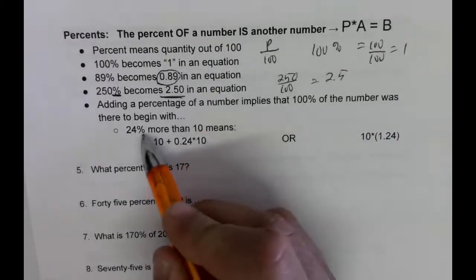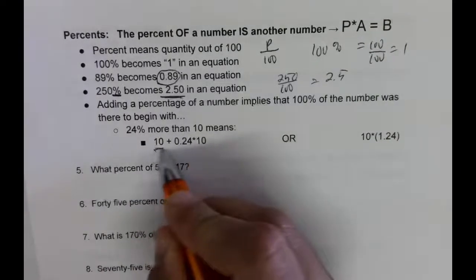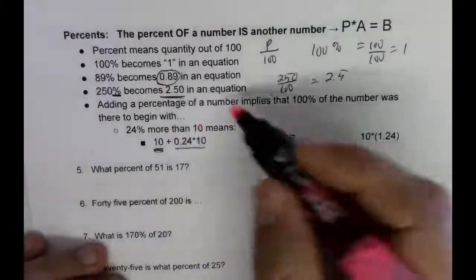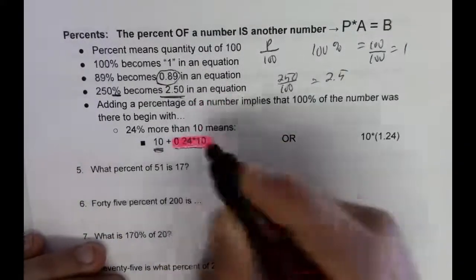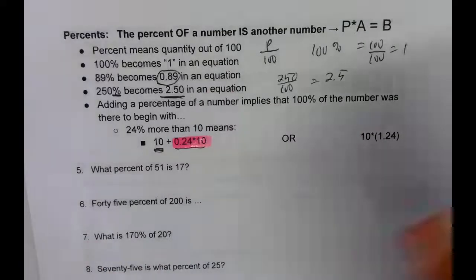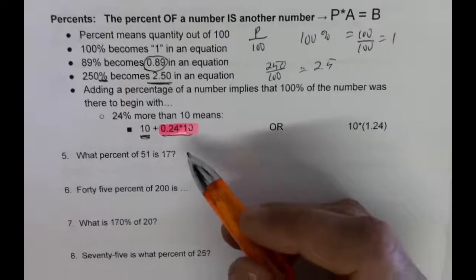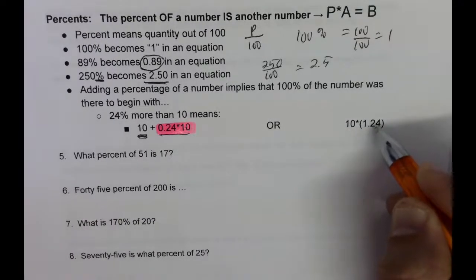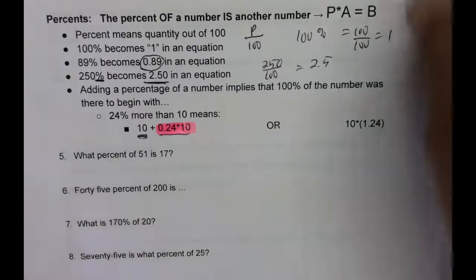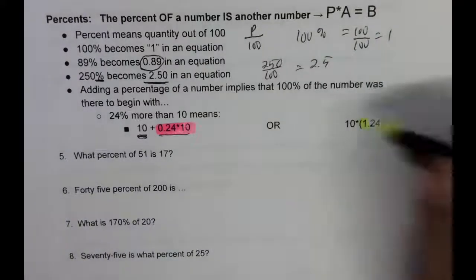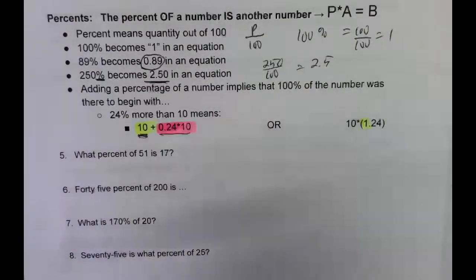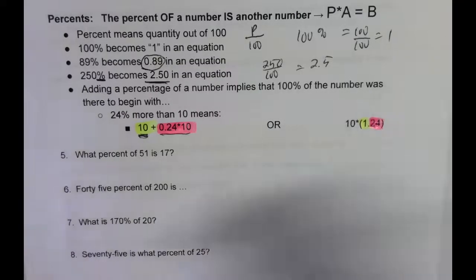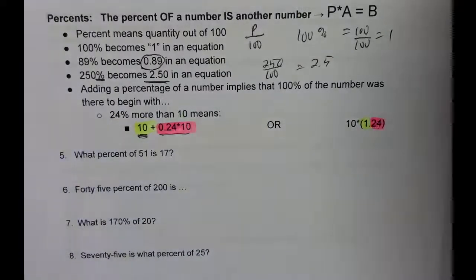Well, 24% more than 10 means I'm going to start with 10, and then I'm going to add 24% of 10. What we are going to gather is that that's the same thing as saying 10 times 1.24. The 1 is the 10 that was already there. 10 times 1 is 10. And then the 0.24 is the part that we're increasing by. So just something to keep in mind there.